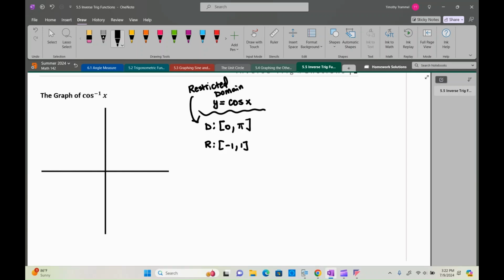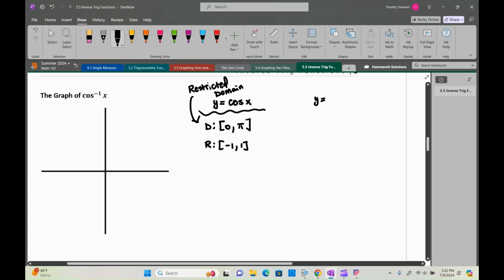Then, if we think about the inverse function here, remember the domain and range should swap. So we'll have minus 1 to 1 and 0 to pi.